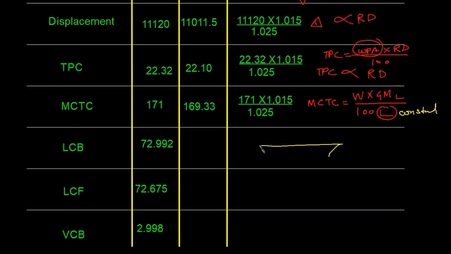If the ship is like this, with K, the G will be somewhere here, and the longitudinal metacenter will be somewhere here. KML can be written as KG plus GML.